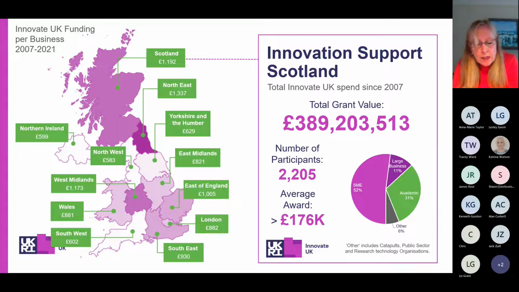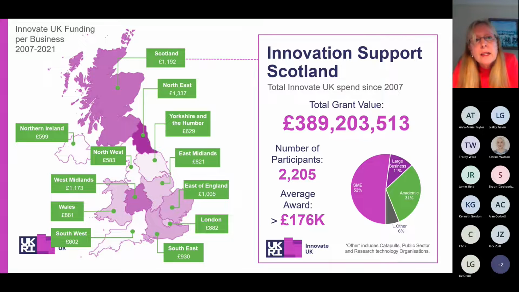So to just demonstrate the spread of funding, I think this map is quite interesting. Since 2007, Innovate UK has provided organisations in Scotland with a total grant value of 389 million.